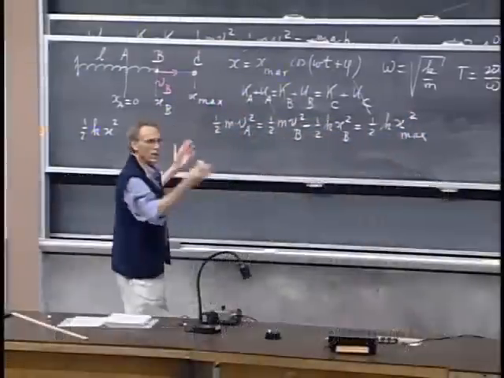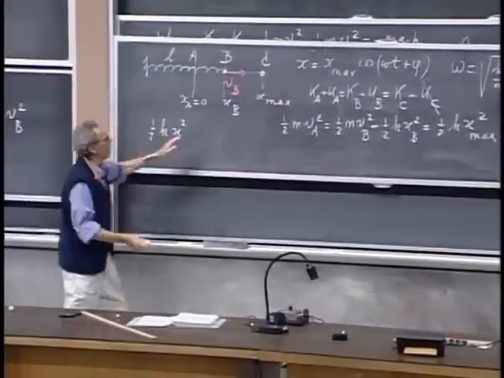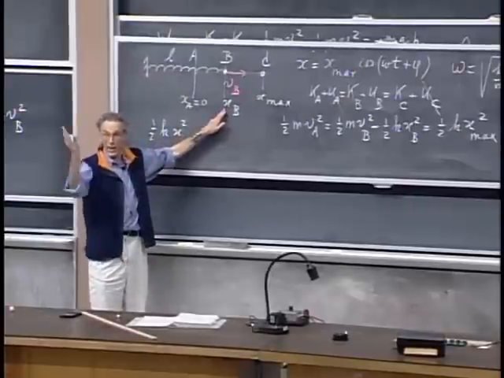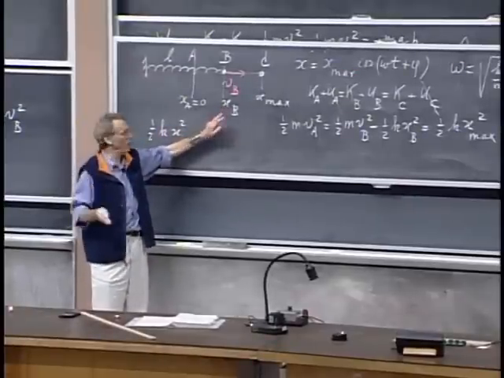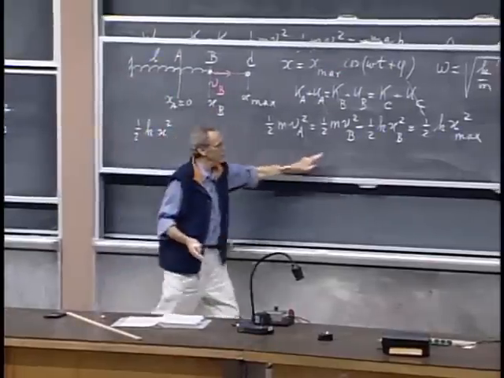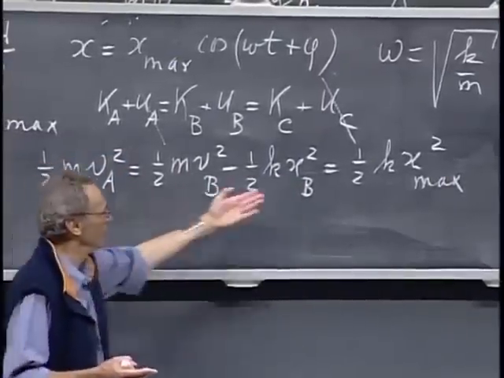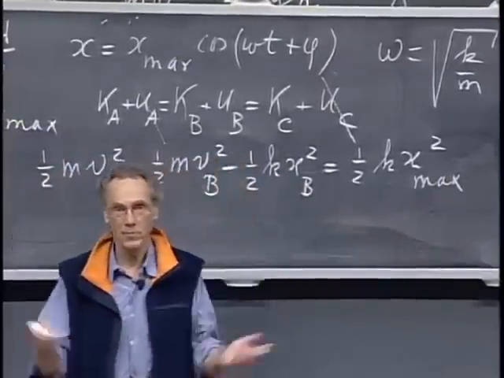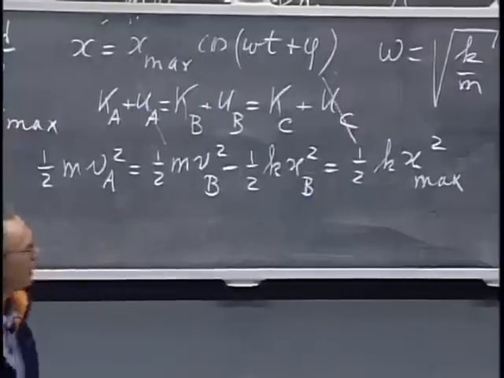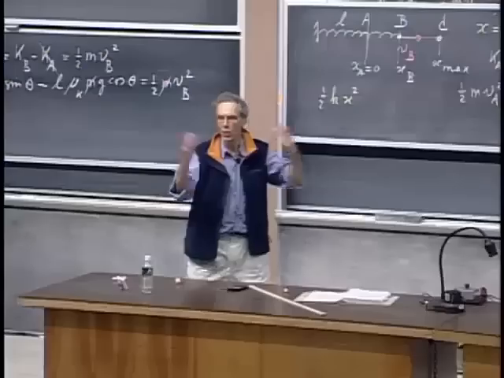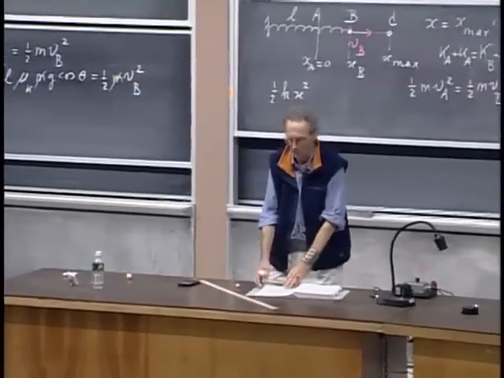And you are in business. If I tell you where the object is, as with the pendulum I gave you the initial angle theta 0, so you know x of B. I tell you what speed I gave it, so you know this one. You can calculate what the maximum displacement is. Exactly the same idea. And if you want to apply the work energy theorem, of course, you will get exactly the same result. This is in fact the same thing.